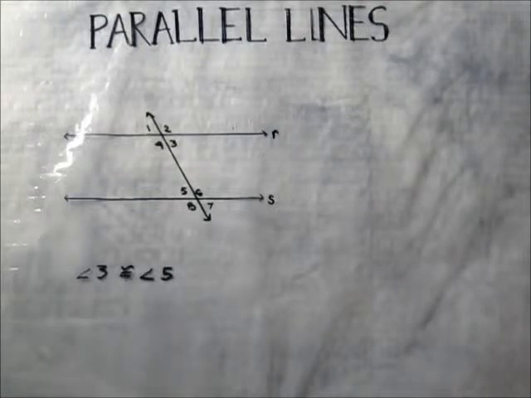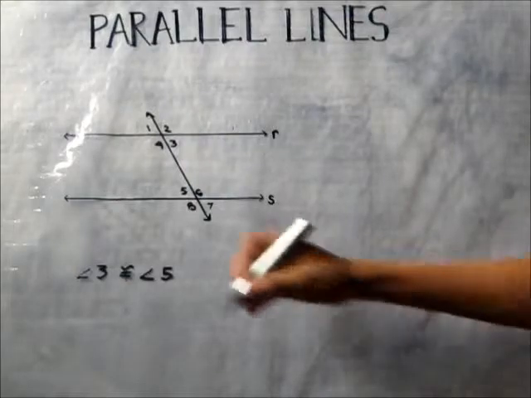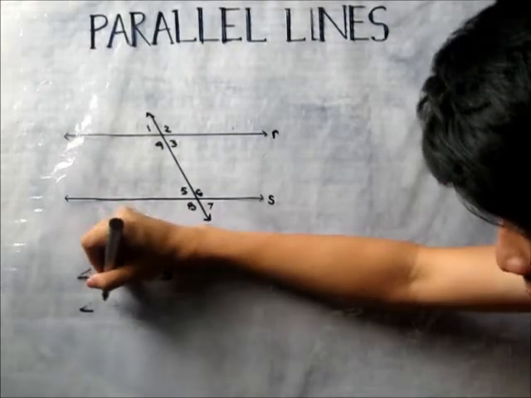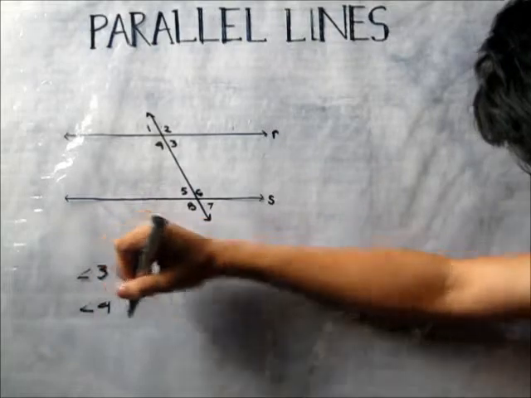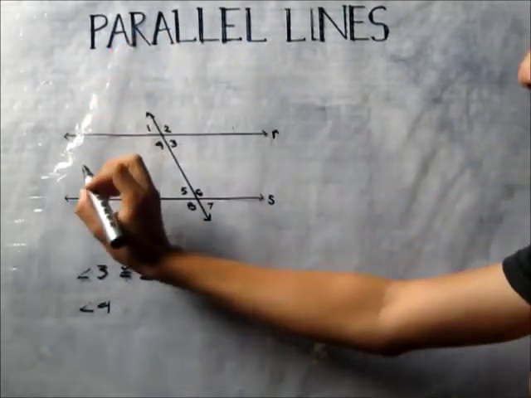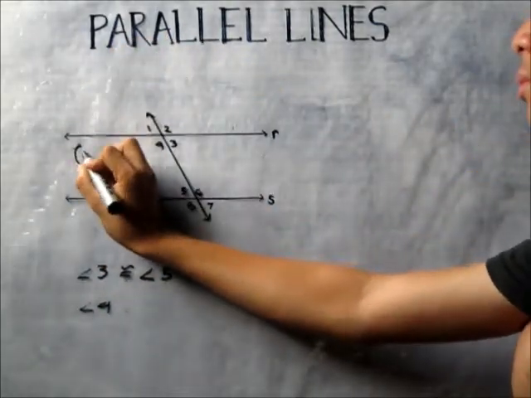For example, the value of angle 4 is 14 plus 3x degrees.